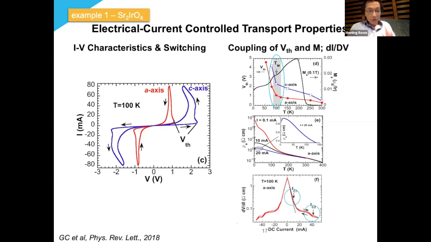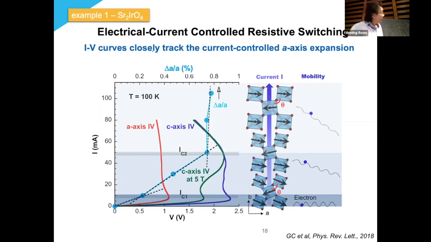My time is running out, so I need to go a little bit faster. To go back to our initial motivation for studying this, this is the IV curve, and this is the A-axis expansion. Now we have some understanding of this unusual IV curve. When we put everything together, we see that the IV curves closely track the current-controlled A-axis expansion.